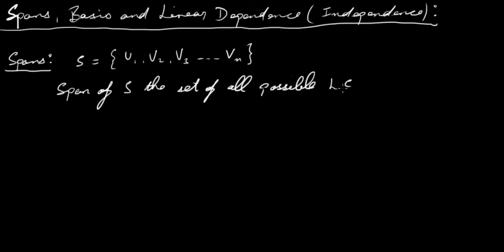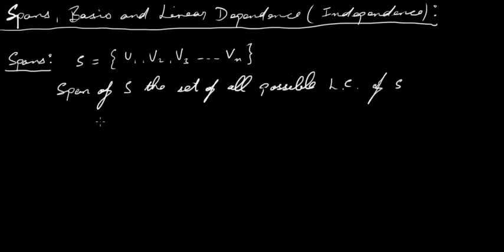I'll just write down LC here. We've done a video on linear combinations previously, so you can have a look at that if you're unsure about what linear combinations are. But the span of the set S is the set of all possible linear combinations of S, of all of these vectors here.